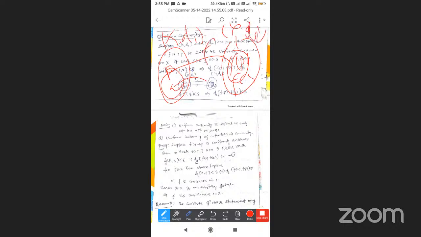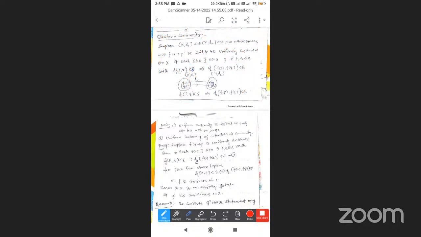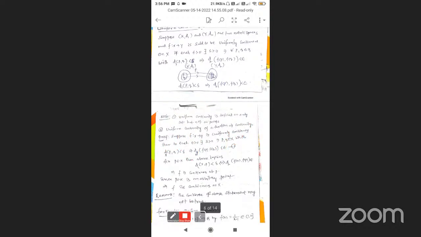If d1(p, q) is less than delta implies d2(f(p), f(q)) is less than epsilon, it is called uniformly continuous. So this is the definition.